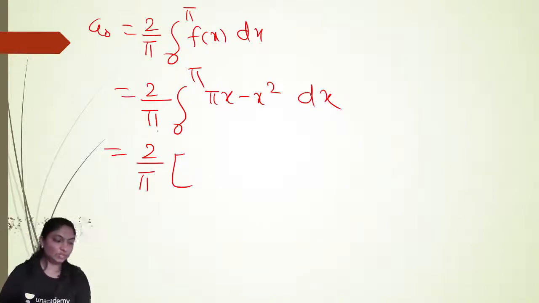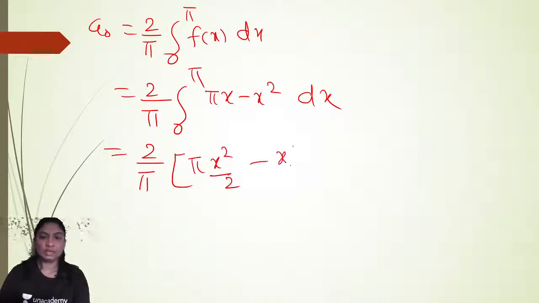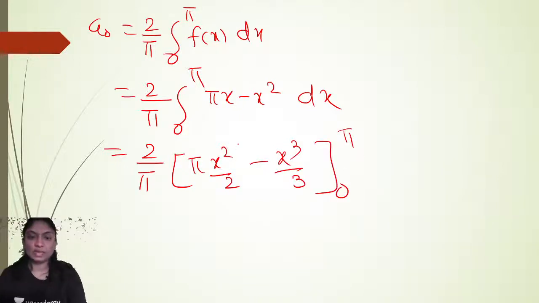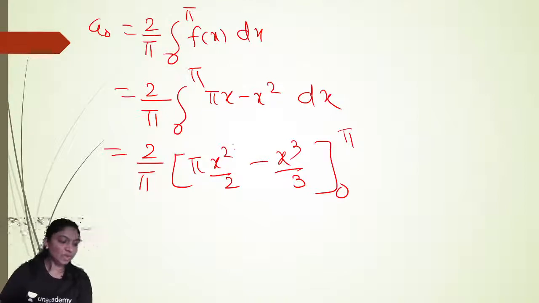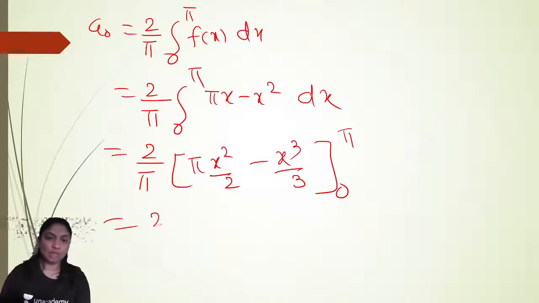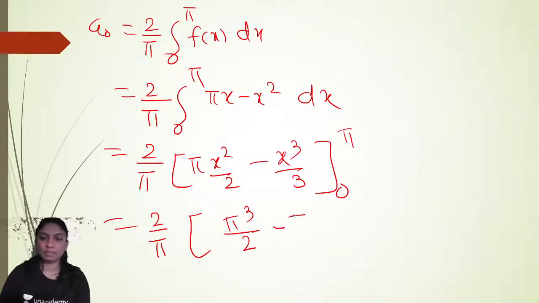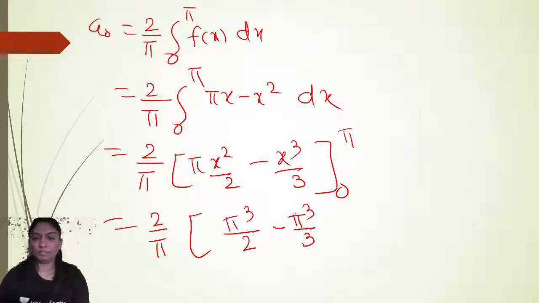Integration of pi x gives pi into x square by 2 minus x cube by 3, from 0 to pi. So put x is equal to pi: pi into pi square by 2 minus pi cube by 3. Right? Pi cube by 2 minus pi cube by 3. So here 2 by pi into bracket pi cube upon 2 minus pi cube upon 3. Okay.